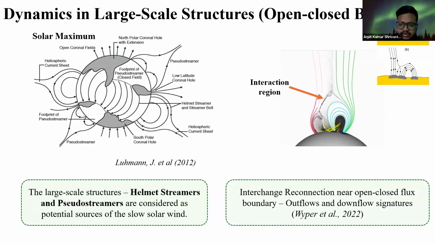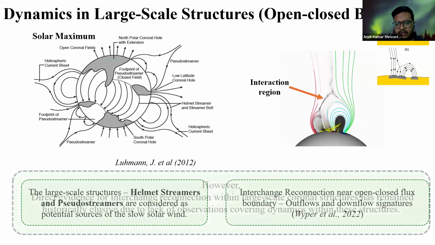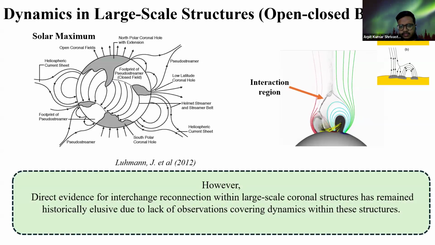And you will also see the outflow signature. The problem is this kind of interaction has been indirectly seen in different types of observation, and has been seen in theoretical and simulation studies, but in observation there is no direct evidence of interchange reconnection due to lack of observation covering dynamics within these structures.